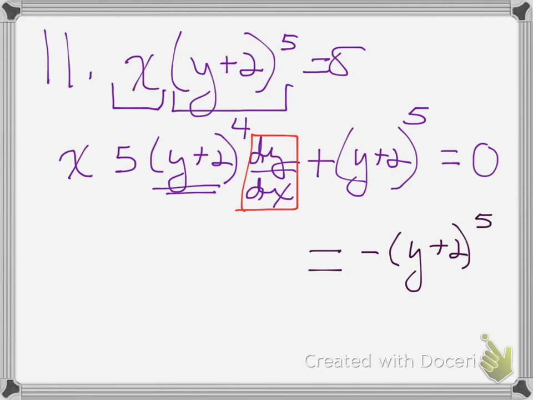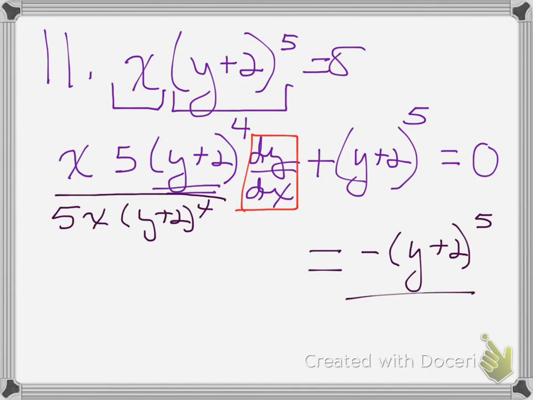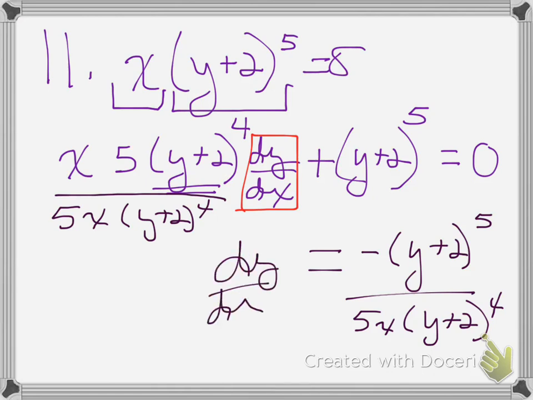Then I'm going to divide by 5x times (y + 2) to the 4th, and that's my dy/dx.